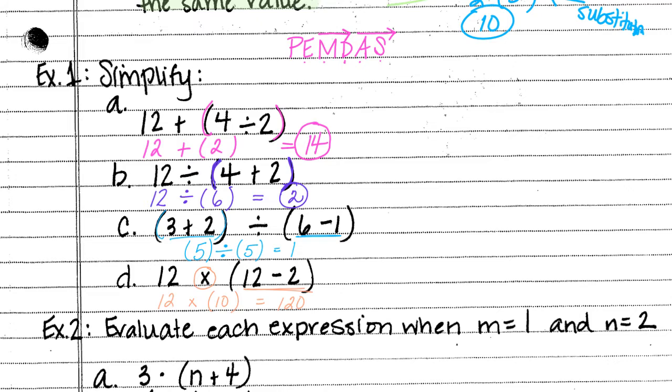In this case, we do not have an M, so I'm going to replace this whole thing with 2 plus 4, because N is equal to 2. Looking at PEMDAS, what do we have to do first? Good. 2 plus 4 inside the parentheses is 6, and now we can multiply to be 18.